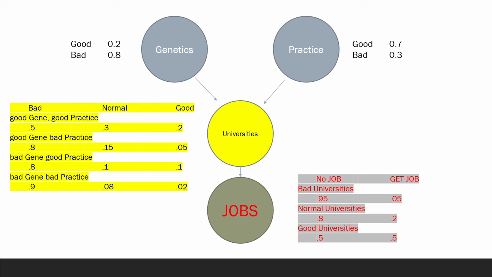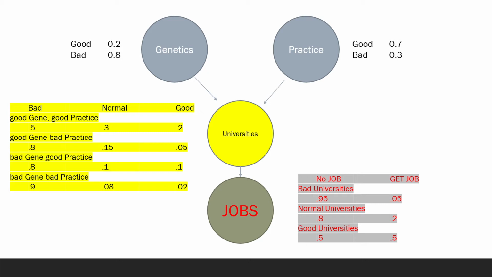And the last level, job, will have two outputs. The first output is no job, it means you don't get any job, and the second output is you get a job. The input will be only three inputs, because the university has three outputs.